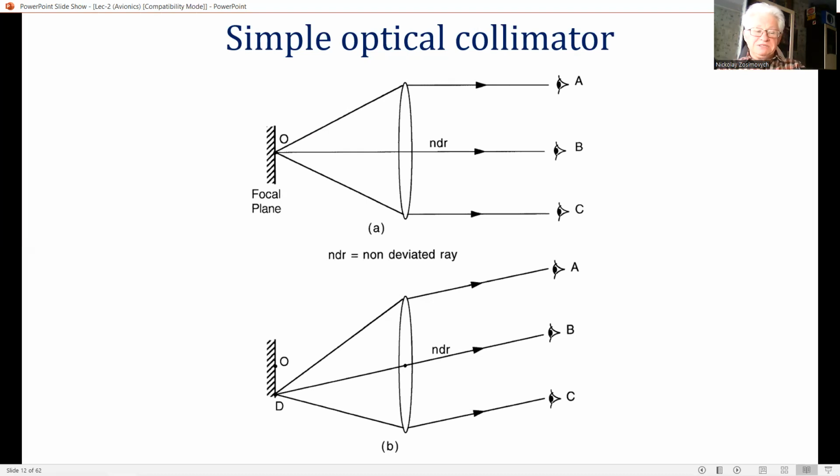Similarly, it can be seen from figure B that the angle of the gaze from the observer to see point D is the same for eye positions A, B, and C, and is independent of translation.